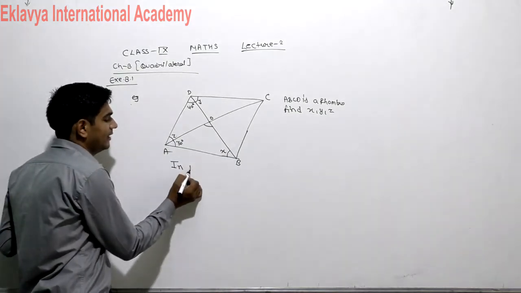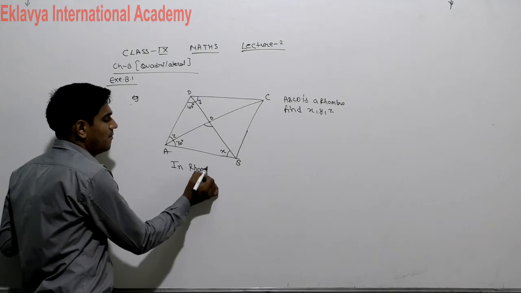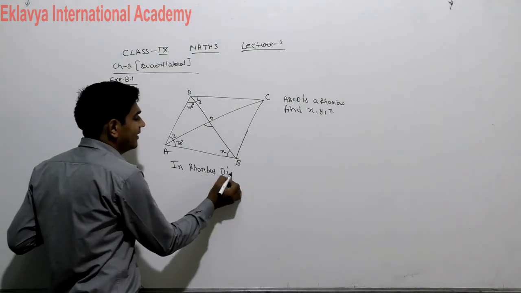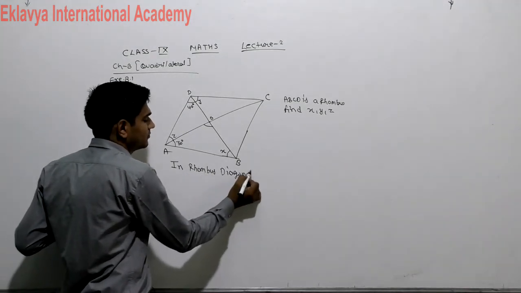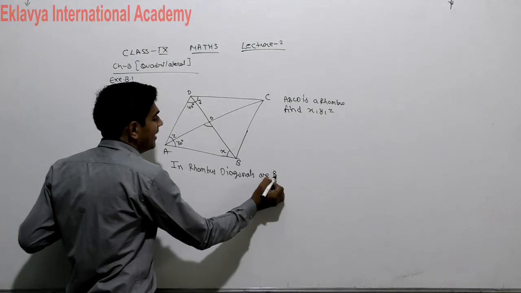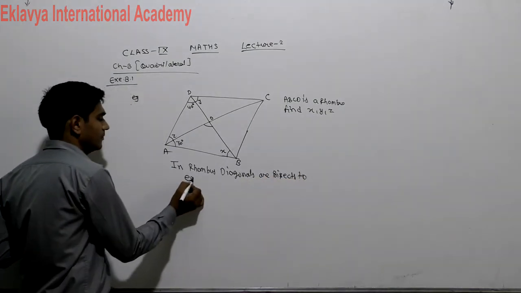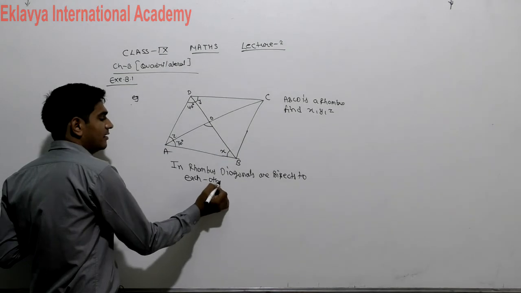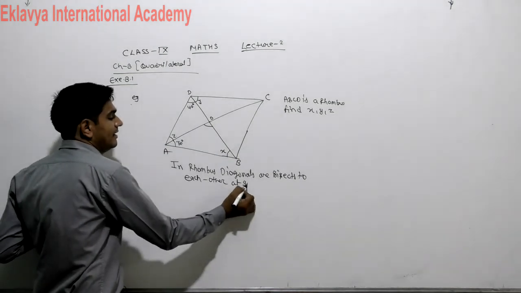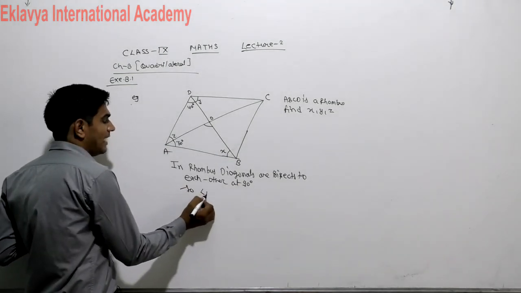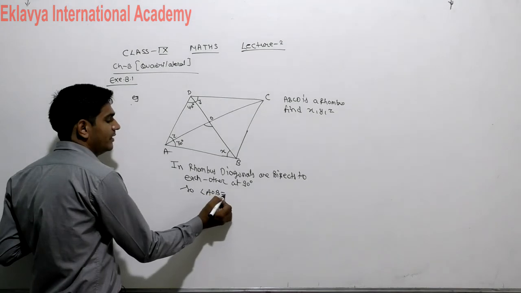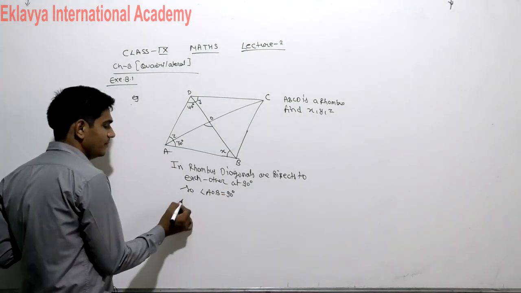So write in rhombus diagonals bisect each other at 90 degree. So angle AOB is equals to 90 degree.